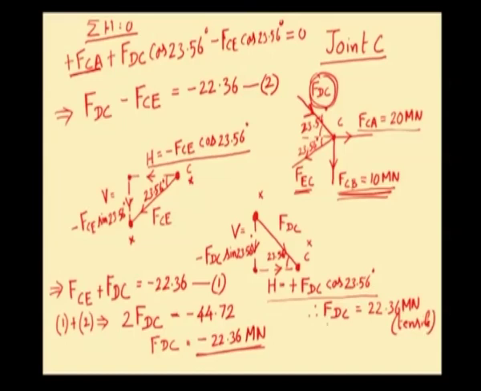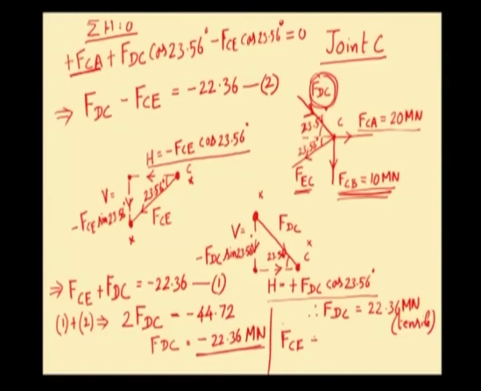Now, we can use the value of FDC in equation 1 or equation 2 in order to get the value of FCE. Now, we shall put this value in equation 2. Equation 2 is FCE plus FDC equal to minus 22.36. FDC by magnitude for our original assumed direction is minus 22.36.